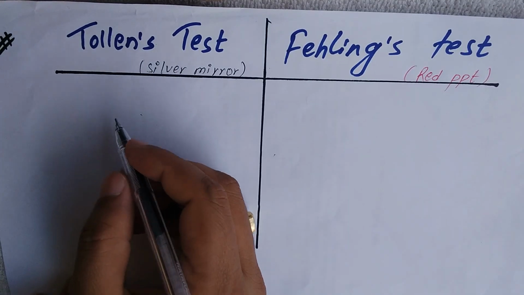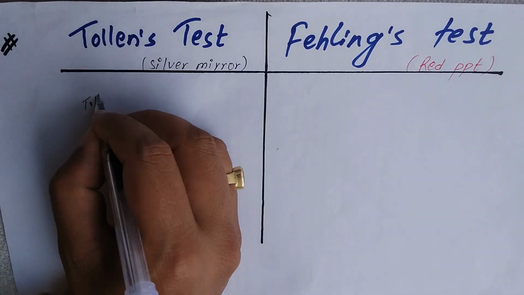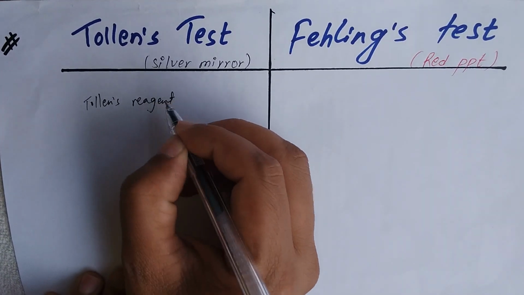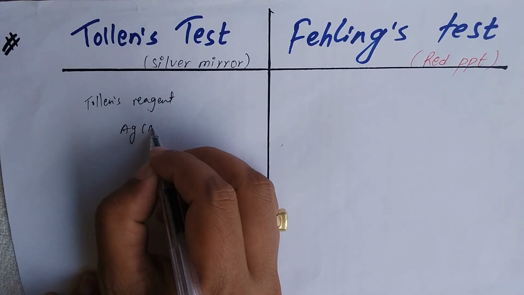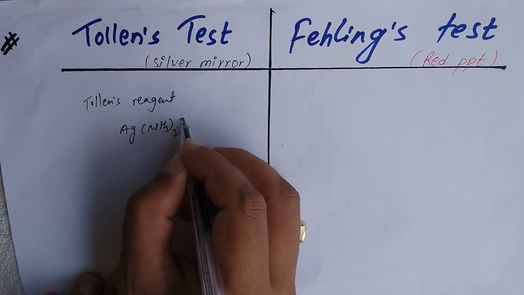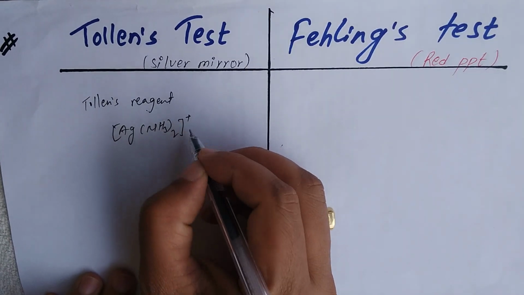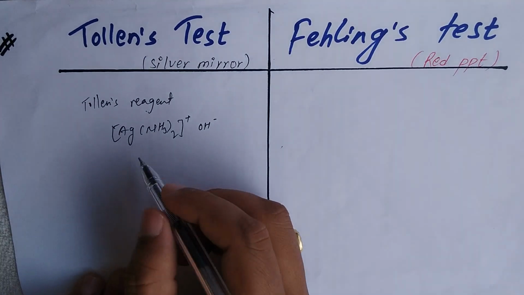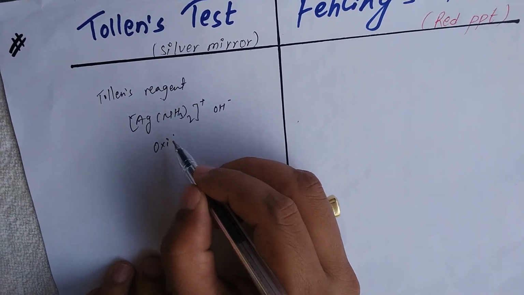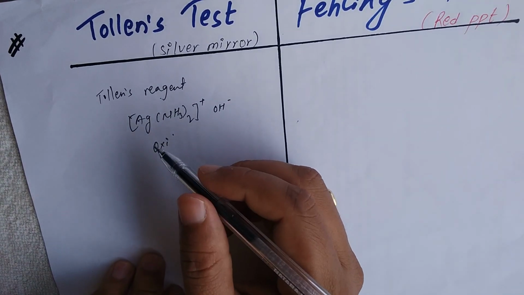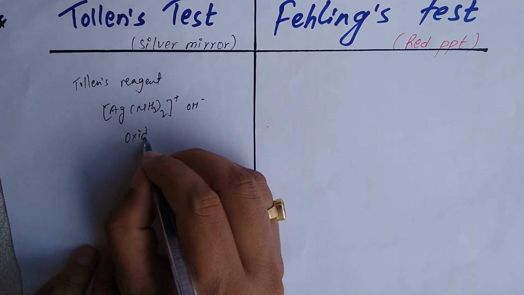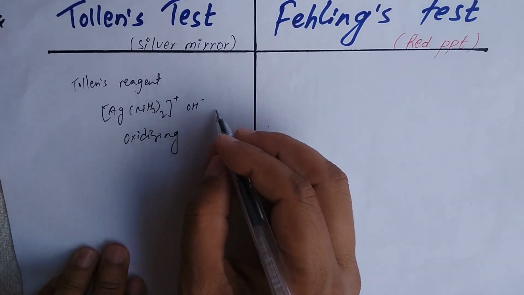Here the Tollen's reagent is Ag(NH3)2 OH minus. This is the Tollen's reagent, and this is an oxidizing agent.